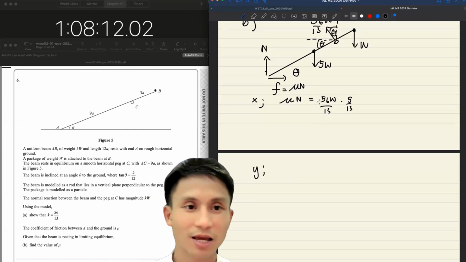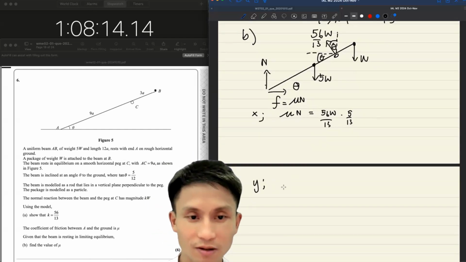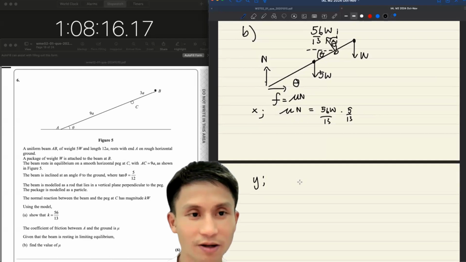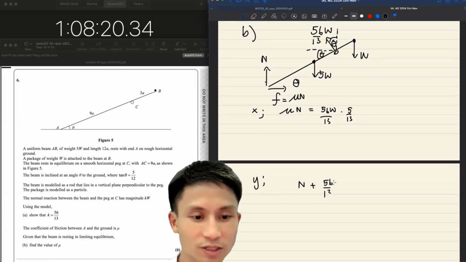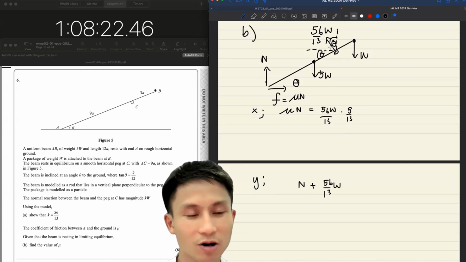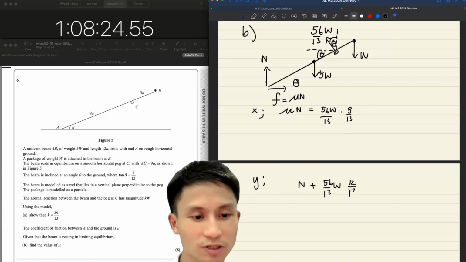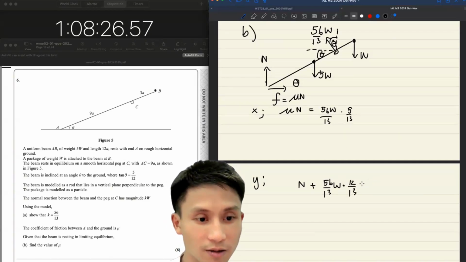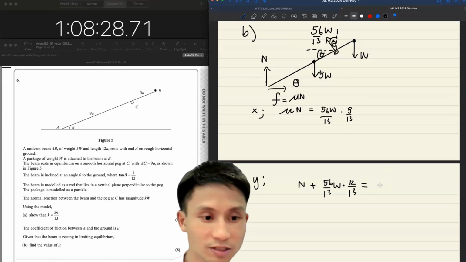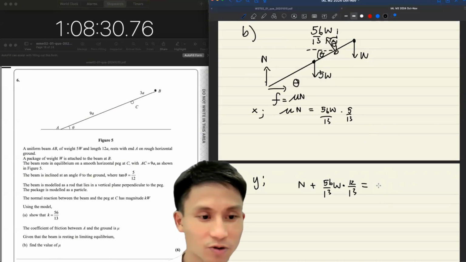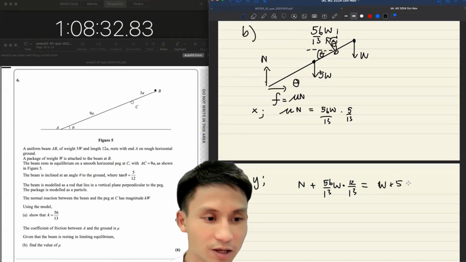Now, again, for the y, we have N plus 56 over 13 W, this time times cos theta, which is 12 over 13, equals the downward forces, W and 5W. I'm just going to write it for the working there.